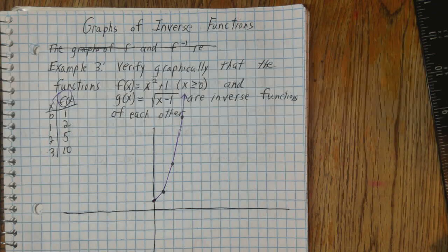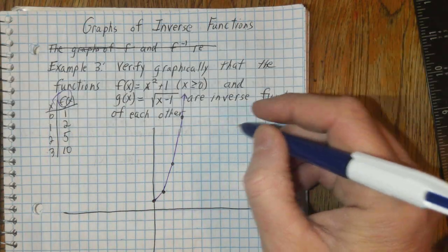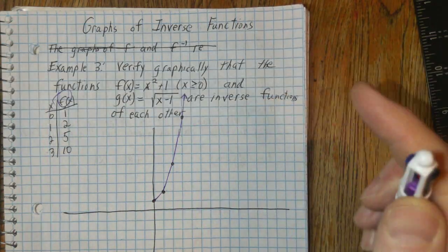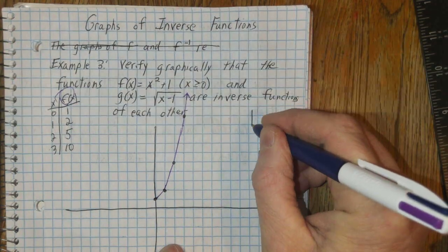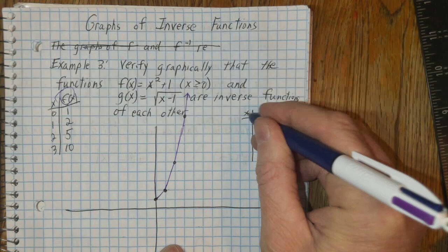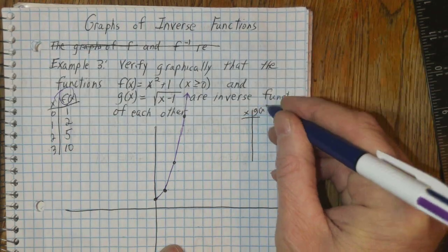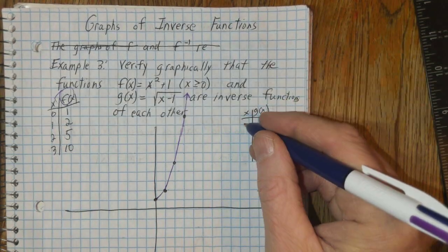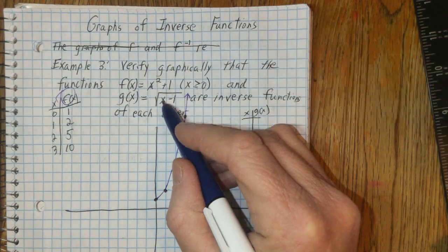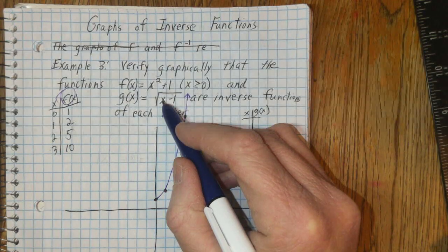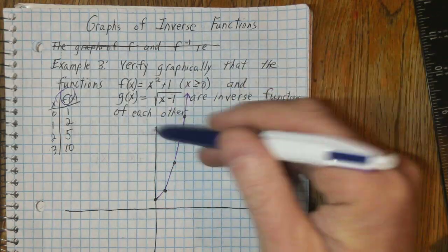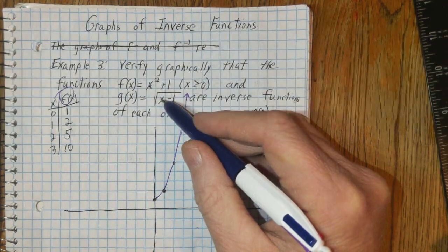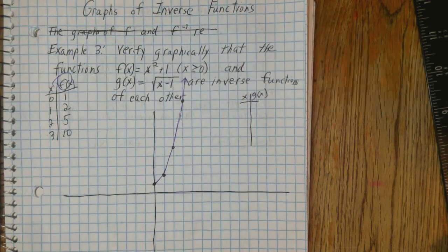Let's plot g of x. X and g of x. x cannot be 0 because that makes it negative, and we're only dealing with the real number coordinate plane.